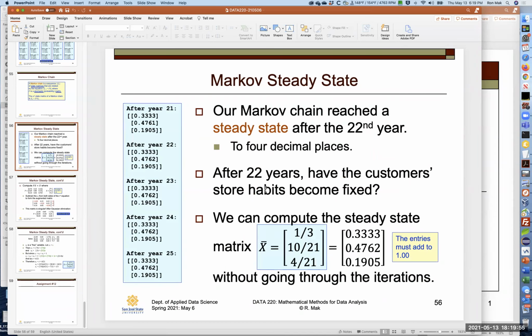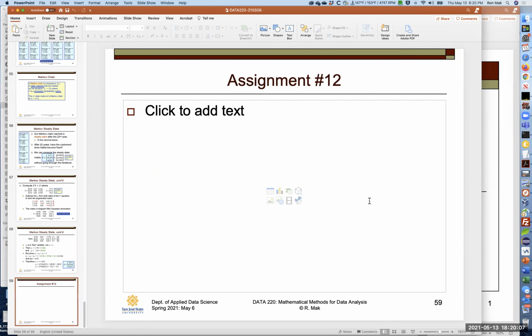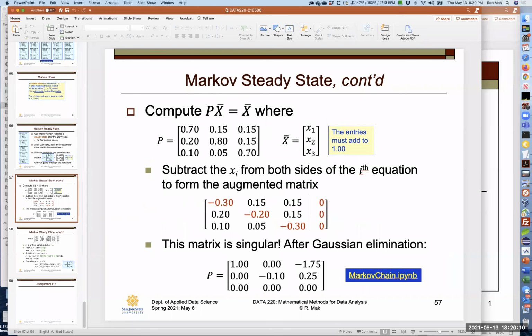Okay, so we're trying to compute this, and what I did was subtract vector x from both sides. Here's an x1, and you subtract that from 0.70 and you get minus 0.3.